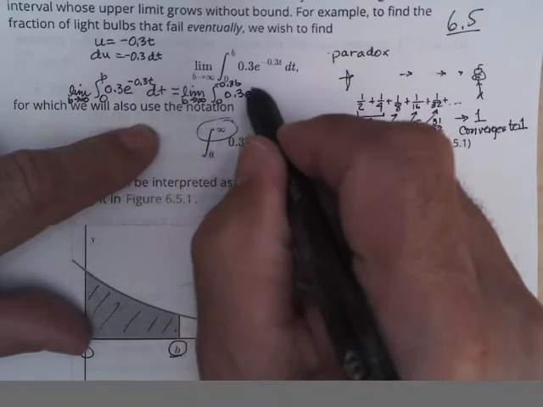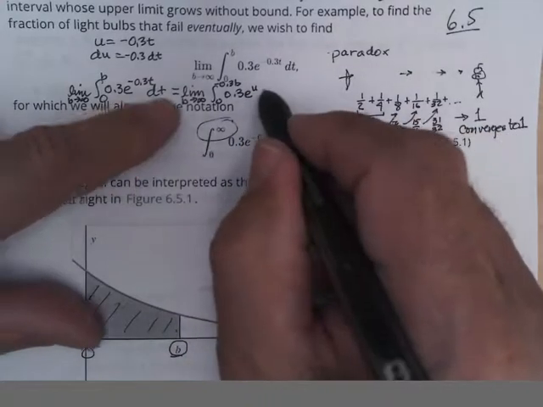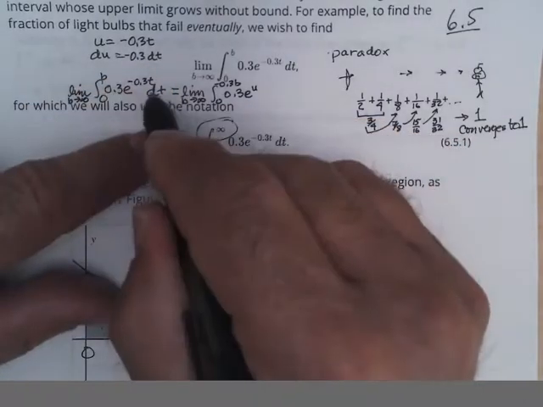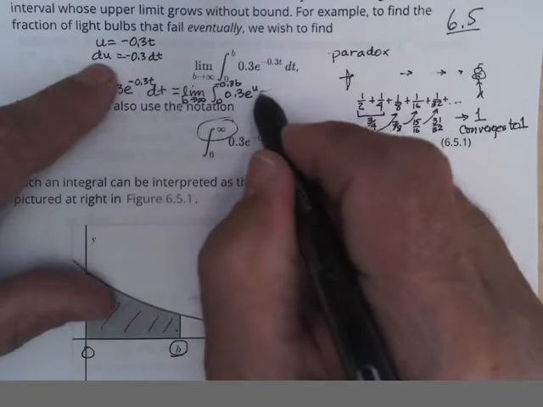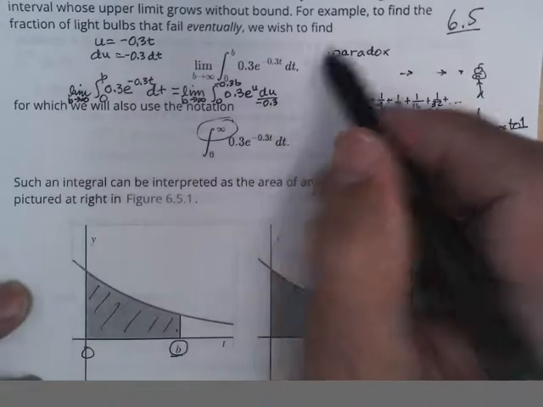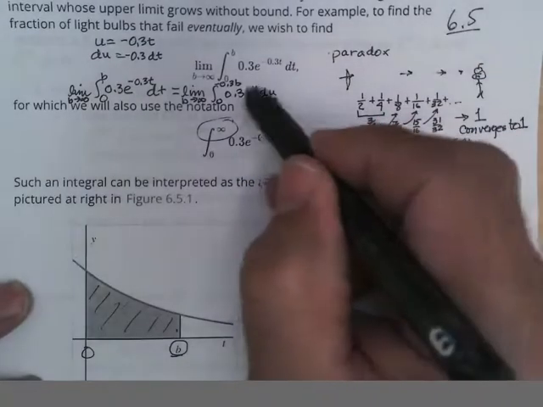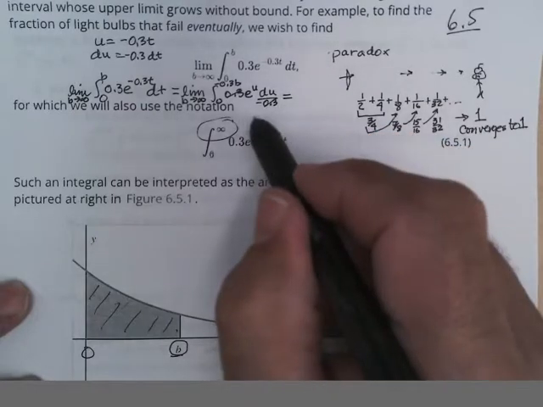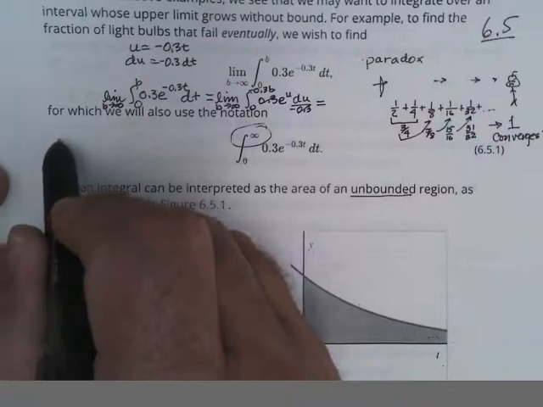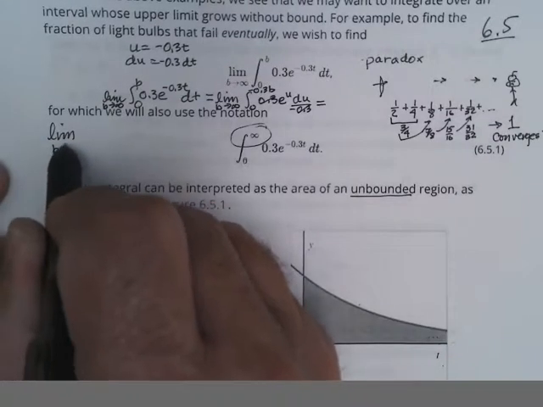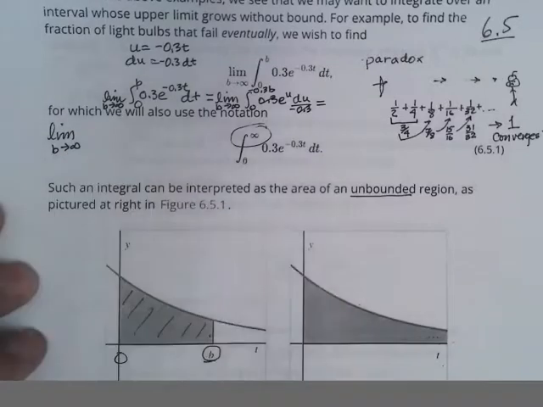0.3 e to the u, and then we also see dt will become du over negative 0.3. So the 0.3's cancel, the negative doesn't. I still have to do the limit, so I've got the limit as b goes to infinity.